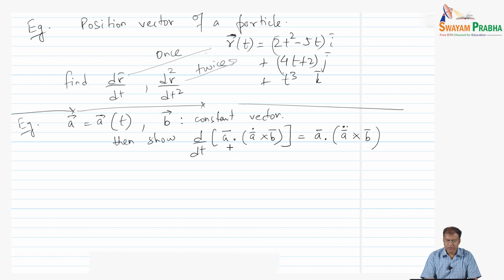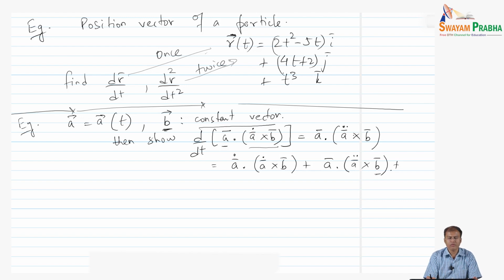We can quickly, because this is a dot product of two vectors, use our dot product results, that is the distributive results, that this is going to be a dot with (a dot cross b) plus a dot with (a double dot cross b), and then the third result will involve a derivative over b, but the derivative over b will be 0 because b is a constant vector.